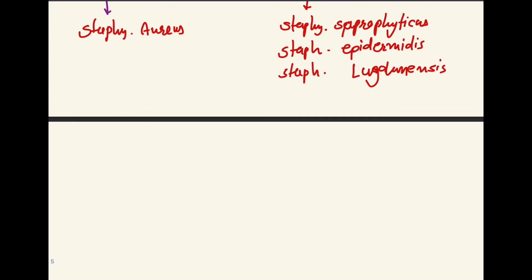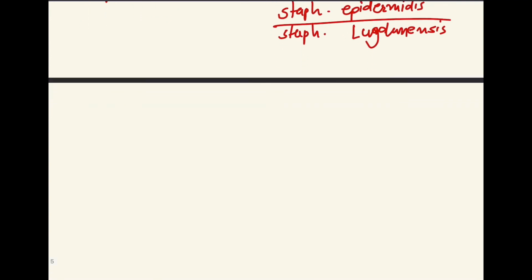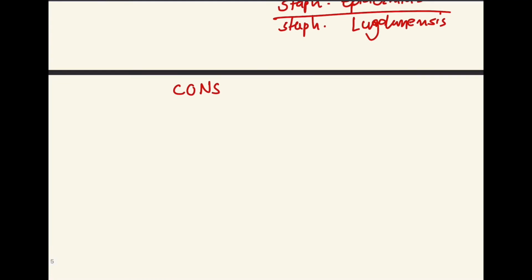Alright, so we'll talk about non-pathogenic. How can we differentiate between Staphylococcus saprophyticus and Staphylococcus epidermidis? For differentiating these CONS, we have to do the novobiocin test. Novobiocin is an antibiotic.